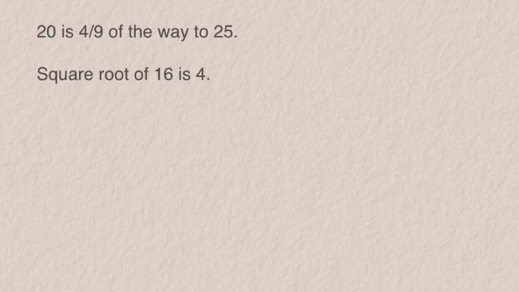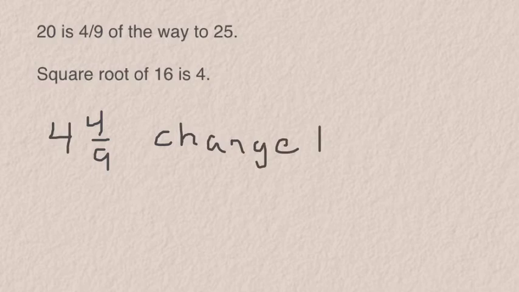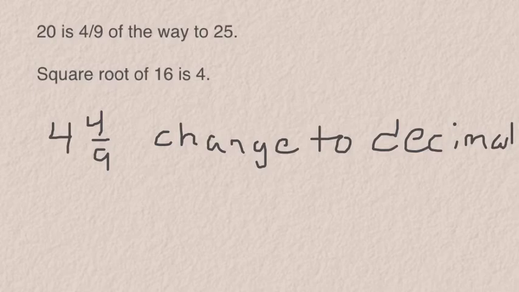Okay, so we said 20 is 4/9 of the way to 25, and we already know that the square root of 16 is 4, so our mixed number is going to be 4 and 4/9, and we're going to change that to a decimal. So go ahead and do that on your calculators and tell me what you get.